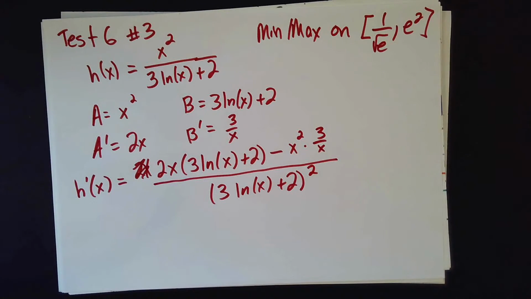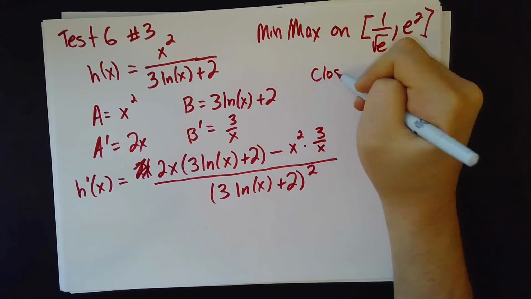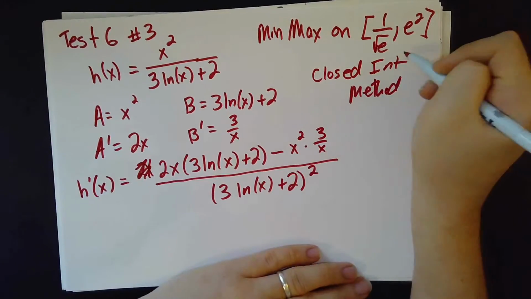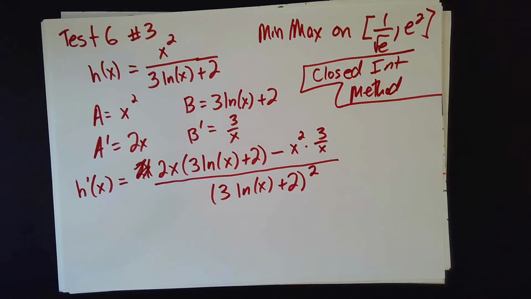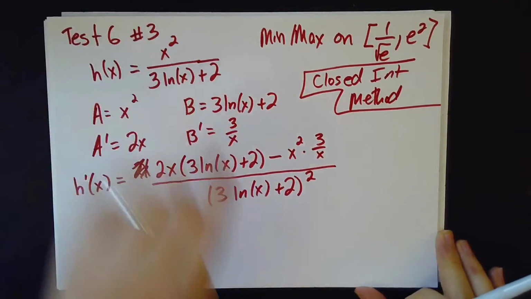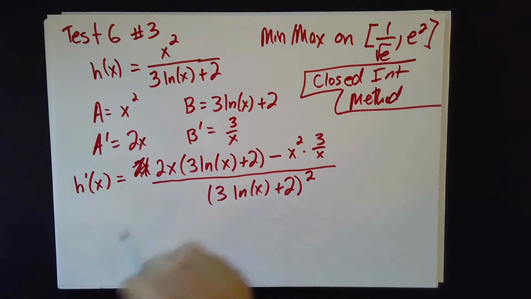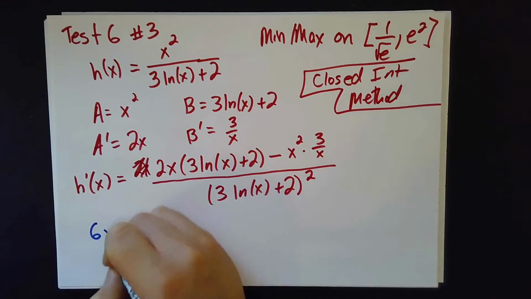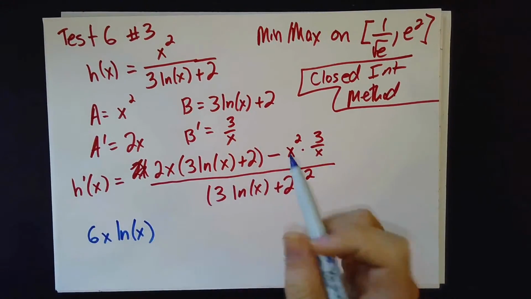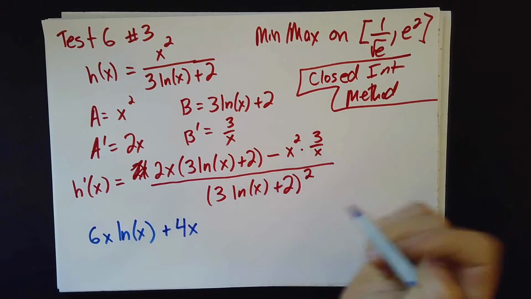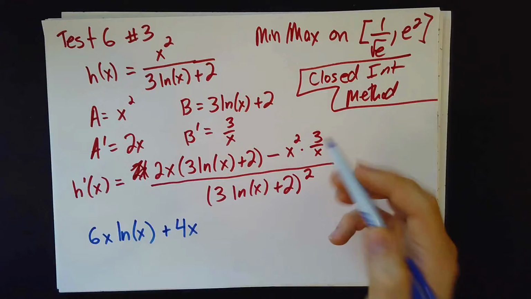For the closed interval method, which I should emphasize this is a closed interval method question, I need to know just the critical numbers inside the interval. So in other words, I want to know when this derivative here is 0. So I can just take the numerator here and set it equal to 0. The numerator here will work out to be 6x log x plus 4x, and then this here will be minus 3x.